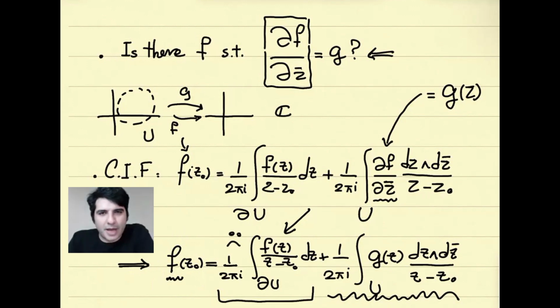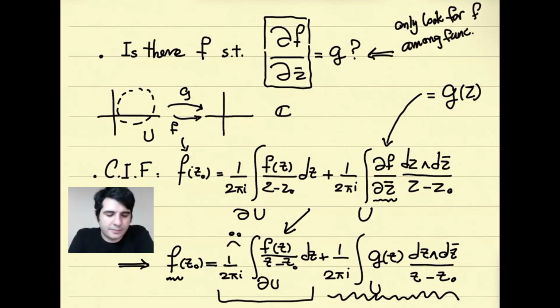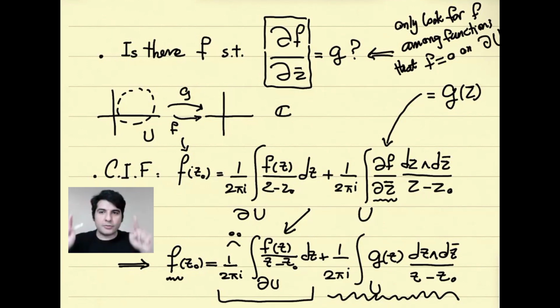This might sound bad, but I only look for f among functions that vanish on the boundary of u, that is, f is equal to zero on the boundary of u. So I just look for the functions that on this boundary of u are equal to zero.